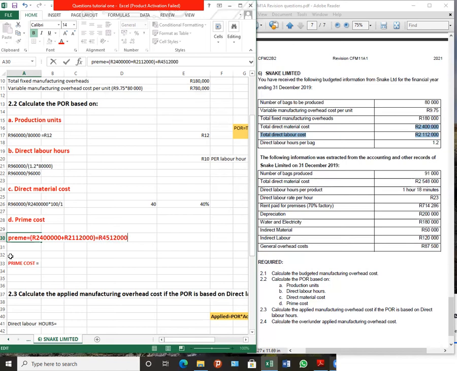And then now, guys, you can start to calculate your POR, divided by the prime cost, times 100 over 1, because it's cost to cost. How much do you get?